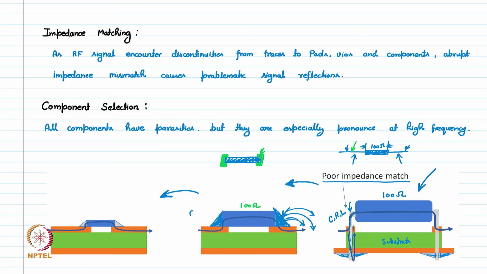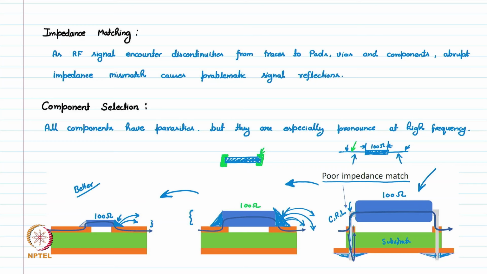So, here the thickness of this SMD component was bigger. We can go for a very small geometry resistance. This is also a 100 ohm resistance, and now only this much of solder is used for making the connection. So, the effective parasitics are less. If parasitics are less, we can operate it at high frequencies. So, this is a better design compared to the right one.